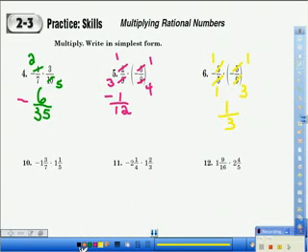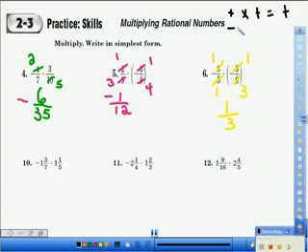Let's continue with number 10. But before we do that, can we just write the rules out? A positive times a positive equals positive.